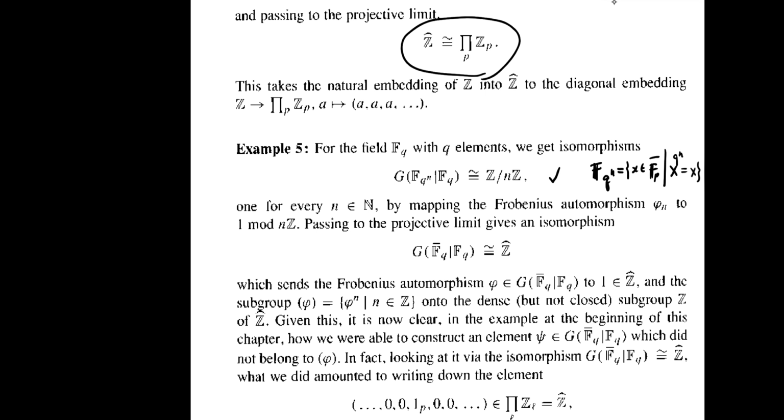And why is explained here: by mapping the Frobenius automorphism to 1.